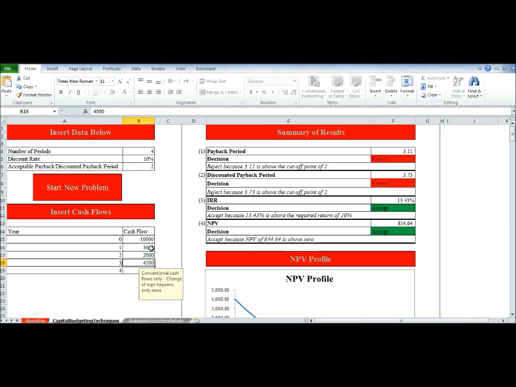So for a question like this, all you have to do is come up with some numbers, then manipulate these numbers and see their impact, and it will help you visualize and understand why things are done this way.